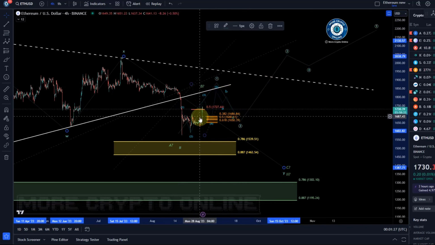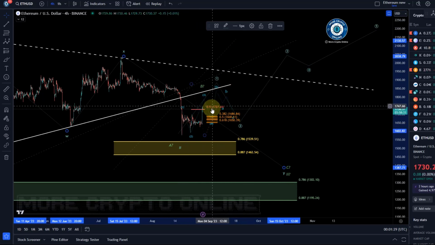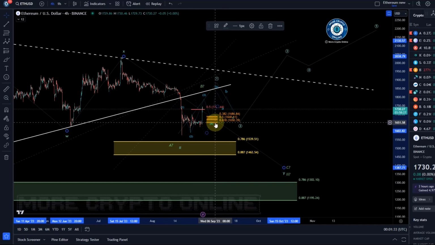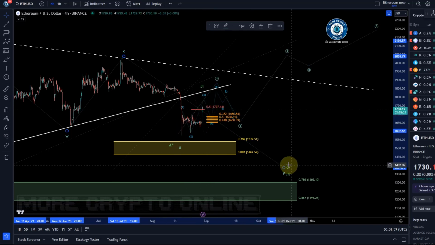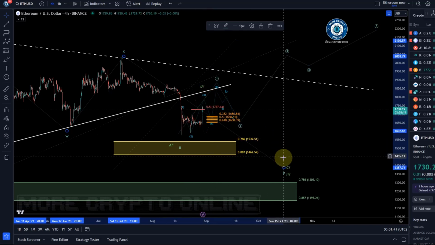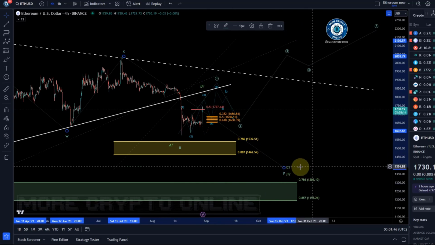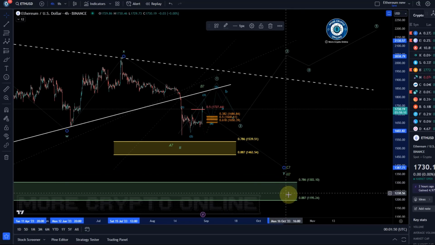If the bulls cannot maintain the pressure and we don't get 5 waves up, and instead the 1650 level breaks to the downside, and that is the key level, 1650, then we're dealing with the green wave count, and we are likely going to see a C wave much lower. I wouldn't be surprised for it to go down to 1300 to 1200.